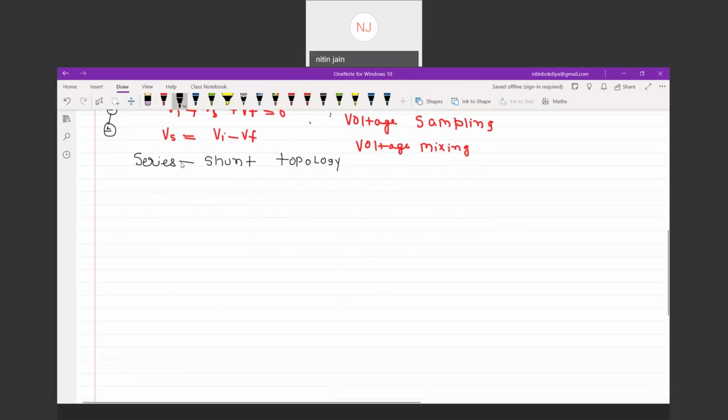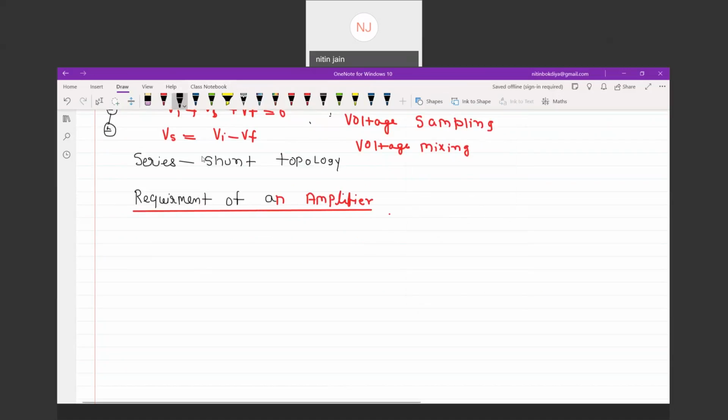Let's talk about the requirement of a voltage amplifier, the requirement of an amplifier.